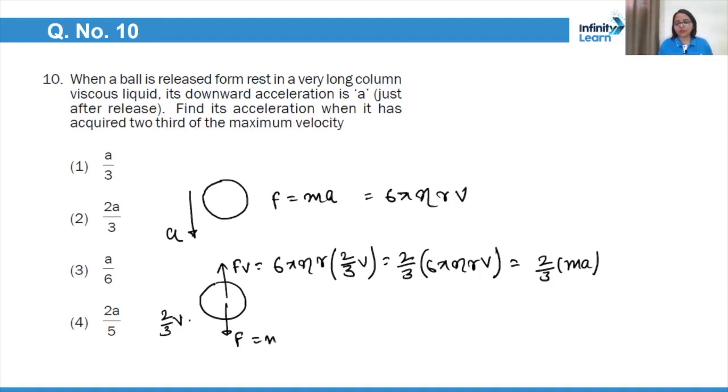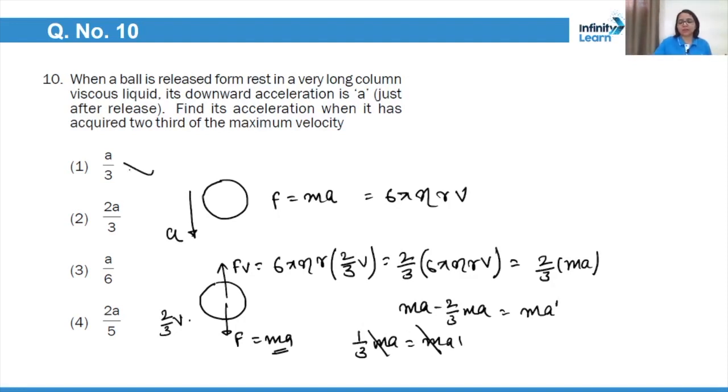And it is moving in the downward direction. So the downward force is ma and the upward force is 2 by 3 ma. So the net force over here will be ma minus 2 by 3 ma, and that is equal to ma dash, right? So over here it is 1 by 3 ma, that is equal to ma dash, cancel, so a dash will be a by 3. So its acceleration will be a by 3.